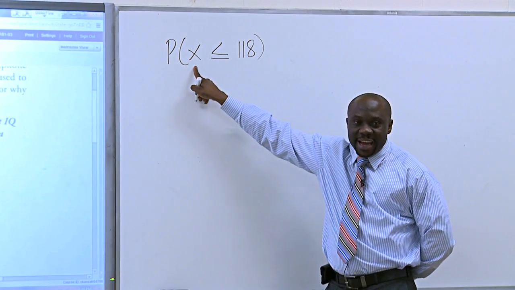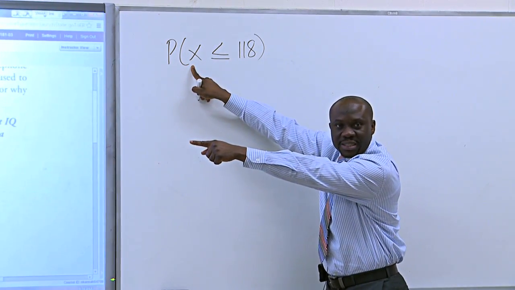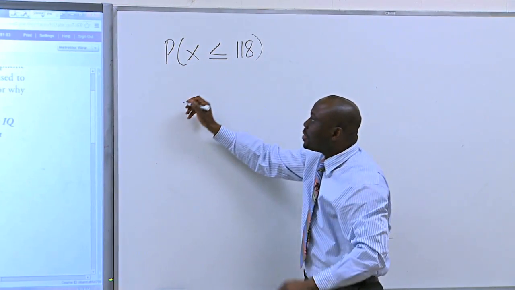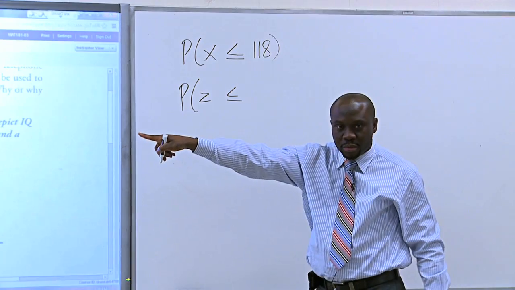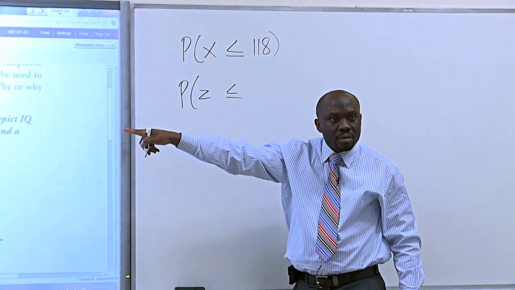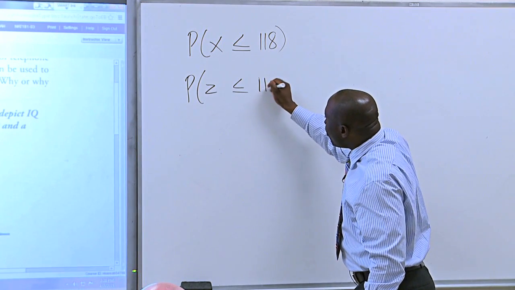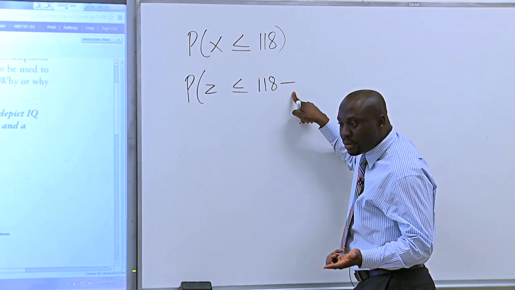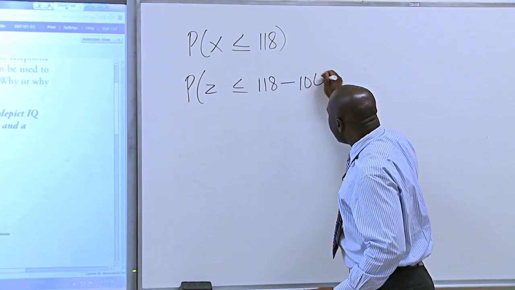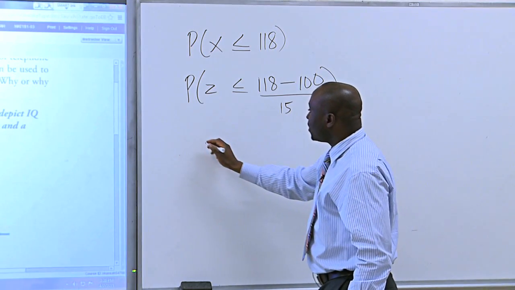Now, since this is X, what do we have to do? Convert it to Z. How do we convert it to Z? X minus the mean divided by the standard deviation. So this is your X, 118, minus the mean which is 100, divided by 15. Excellent.